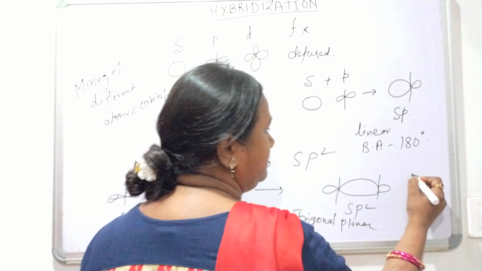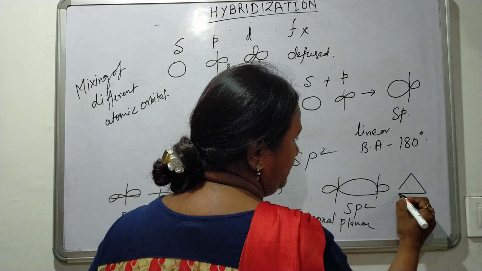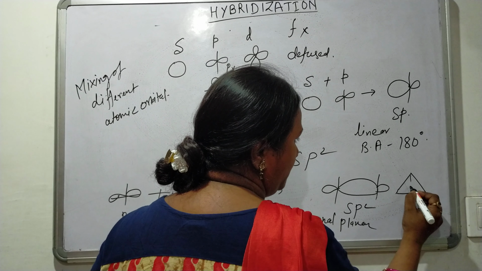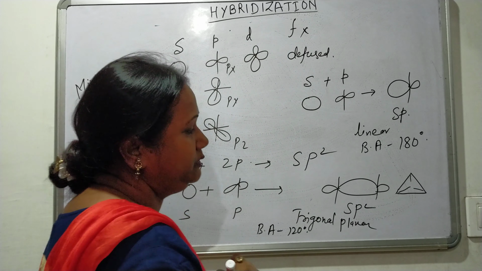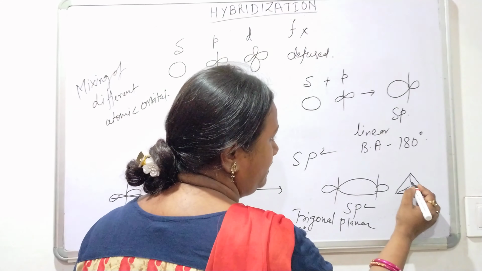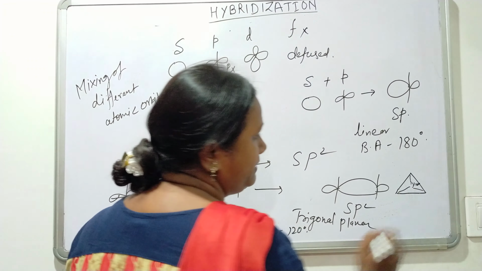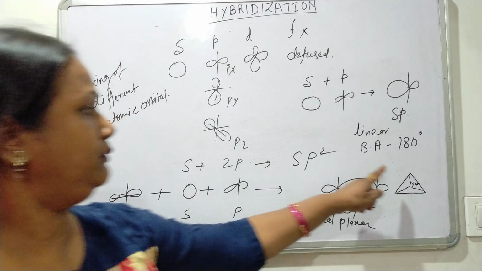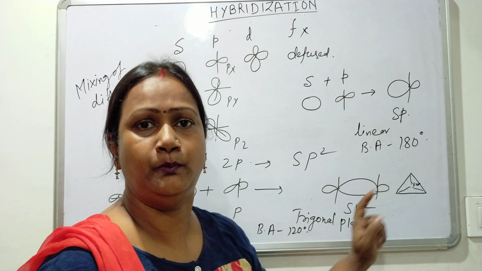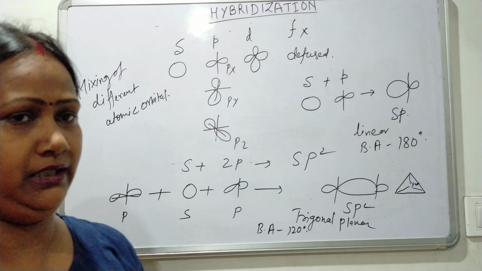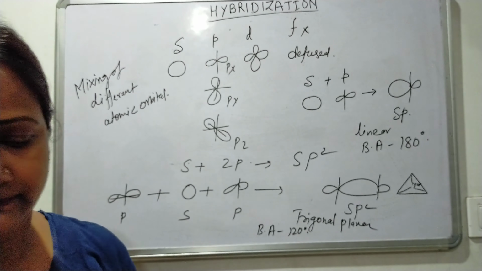Actually, it will be written like this. This is the trigonal planar structure, and the molecule will look like this. Each molecule has a bond angle of about 120 degrees. Understood?